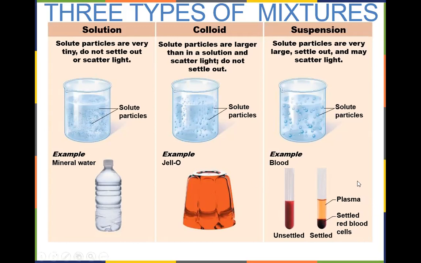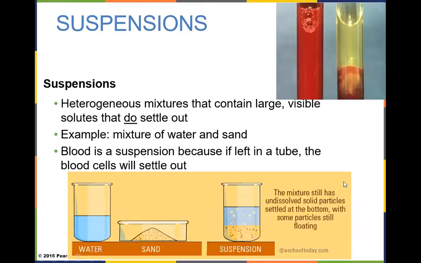The third category of a mixture is a suspension. Suspensions will settle out over time. They have lots of solute particles in there, and if you leave them alone long enough, they'll separate out. Blood is a suspension.